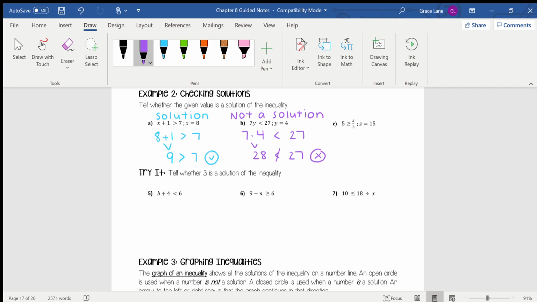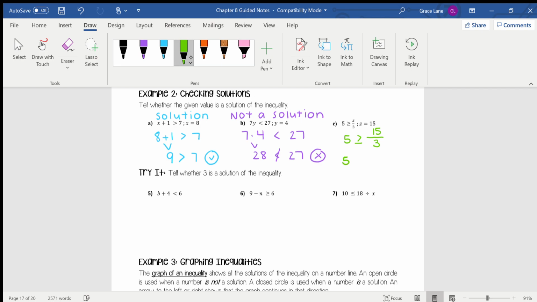And then finally, letter C, it says 5 is greater than or equal to z over 3, or z divided by 3. So 5 greater than or equal to, z is equal to 15, so it's going to say 15 over or divided by 3.